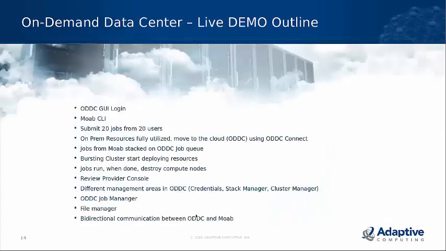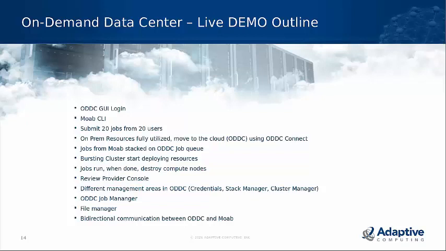Now, for the demo that I'll be doing, I'll be running a workload from our Moab on-premise scheduler. I'll be submitting 20 jobs using a script, and I've already got a cluster defined in the on-demand data center, so Moab will be aware of those cloud nodes. Once on-premise is filled up, we move the workload into the cloud resources.